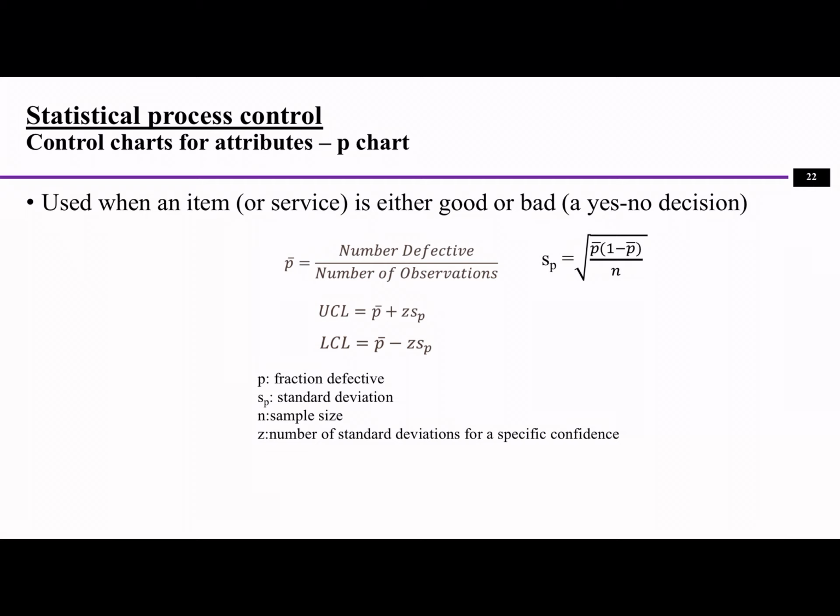P bar equals the number of defective parts divided by the number of observations. For example, in the same apple example, we have sample 1, sample 2, sample n, and for each one I have 10 apples.